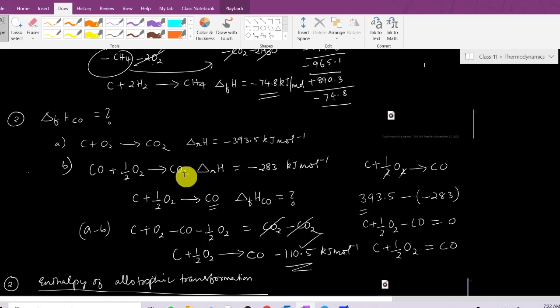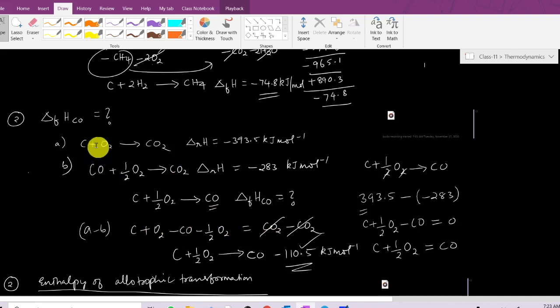This is what you want. What is the enthalpy of formation of CO? It is the formation of CO from the elements using this equation. So we want this equation. We have to use these two equations and get the final equation. So how do we do that?